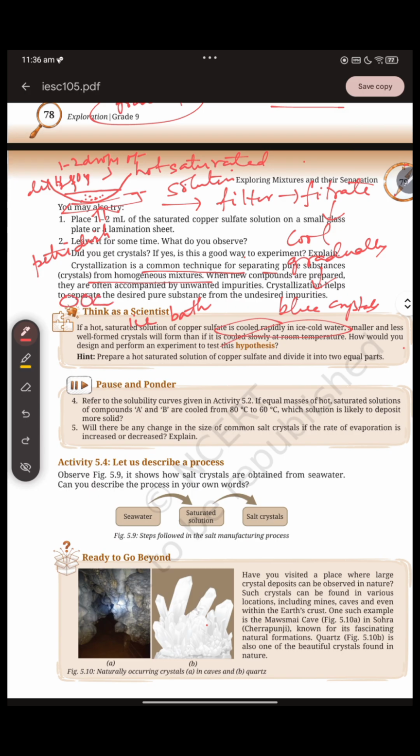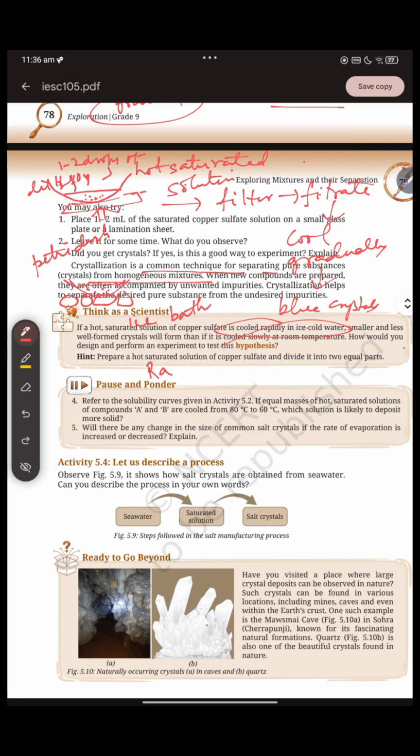There is ice, blocks of ice, and you place it over here and say that okay, I want to cool it, so I want to make the process very fast. But will you actually get good quality of copper sulfate if you cool it so rapidly? Rapid cooling will actually damage the quality of the crystal.